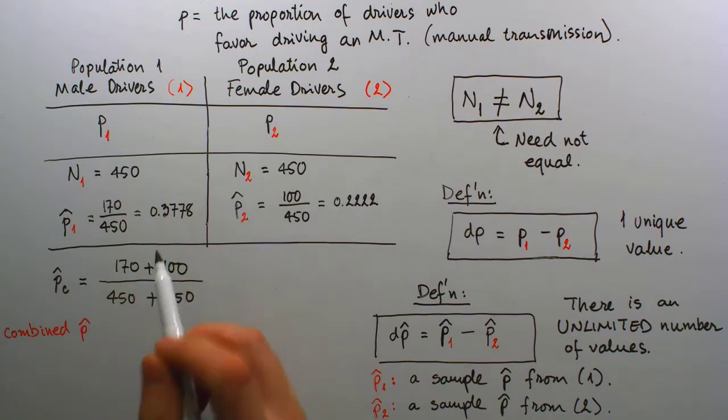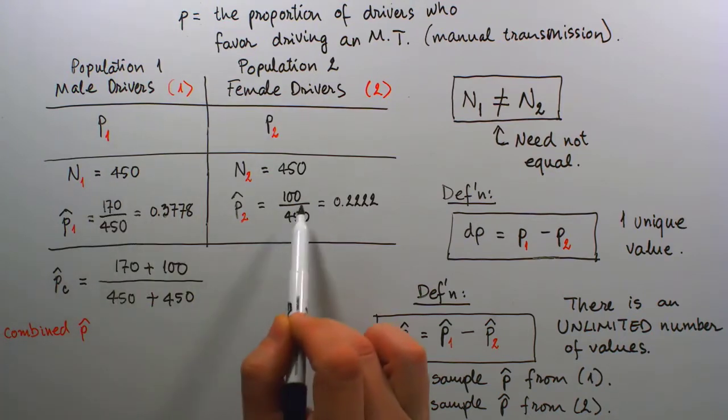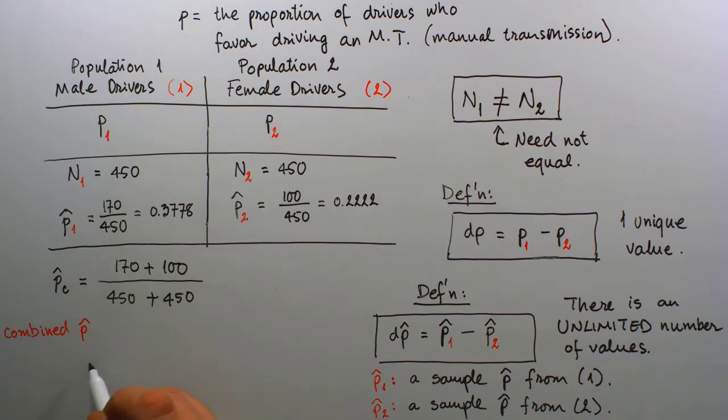Generally speaking, I mentioned a little earlier that the value on top of each of these proportions is called the success count. The success count for population 1 is x1, and the success count for population 2 is called x2.